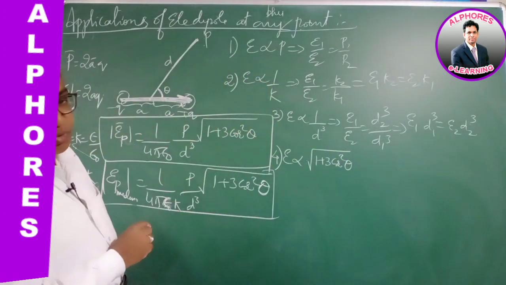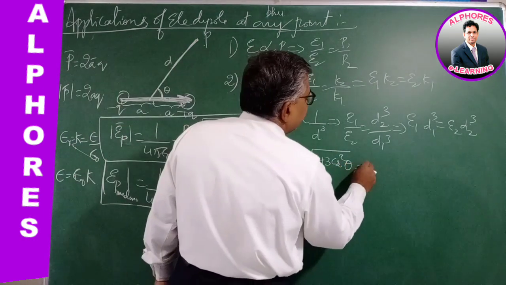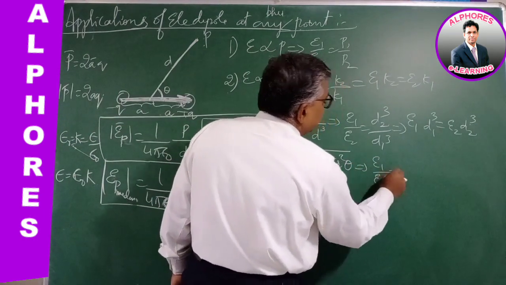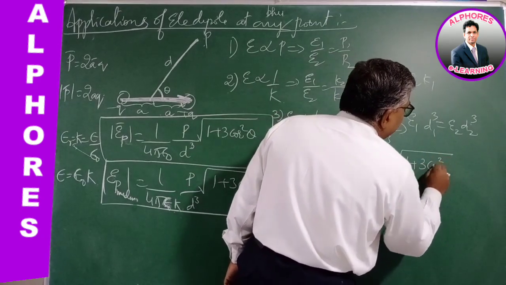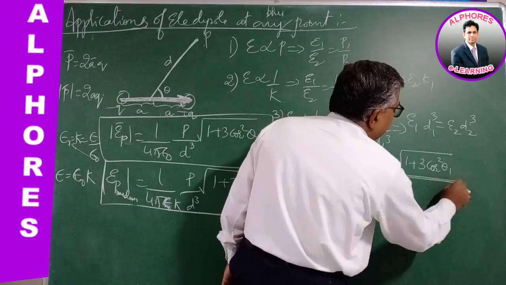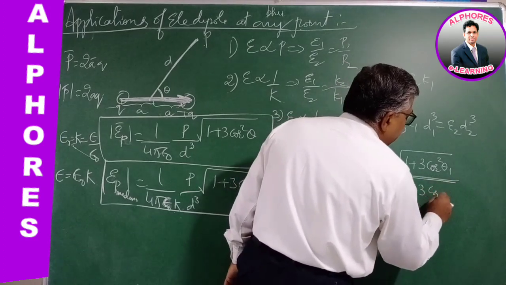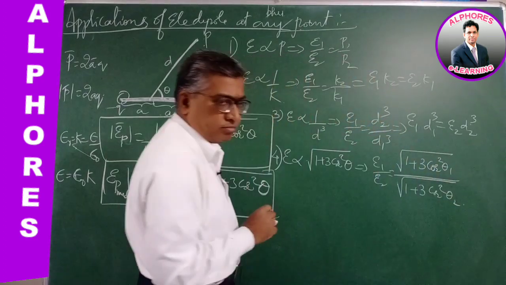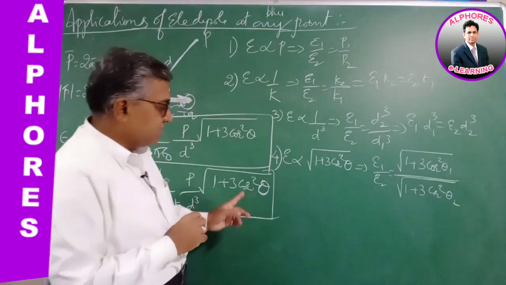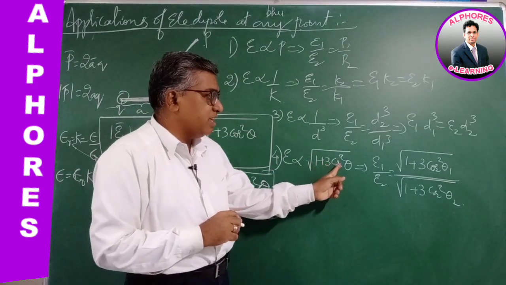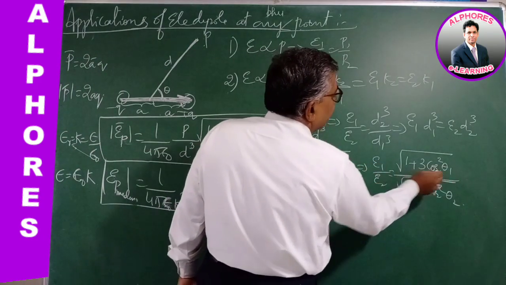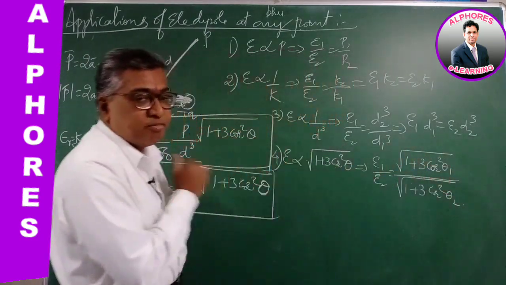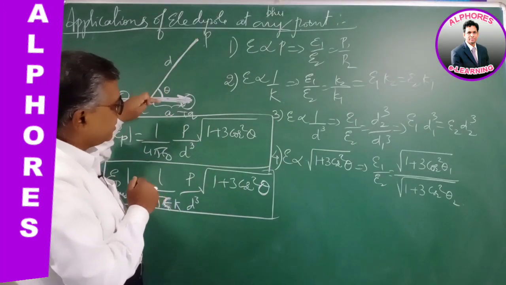Suppose I consider two different angles, then E1 by E2 is under root of 1 plus 3 cos square theta 1 by under root of 1 plus 3 cos square theta 2. This is the ratio. So E1 by E2 is equal to this, for the same distance and the same dipole P.